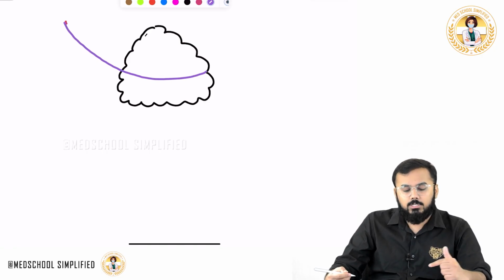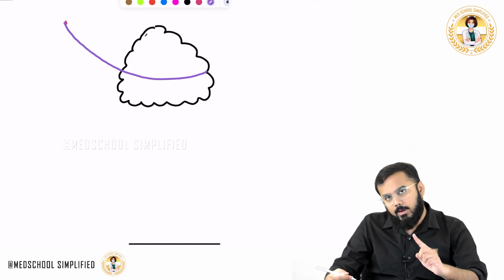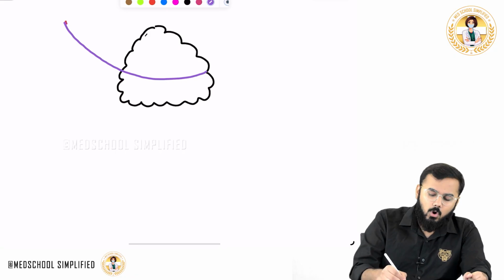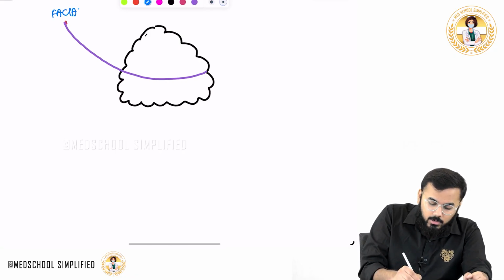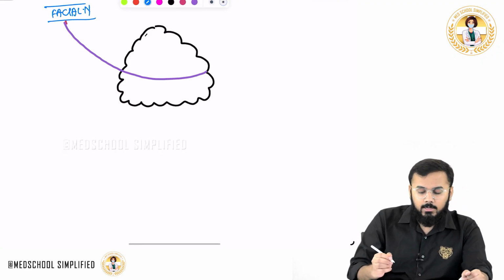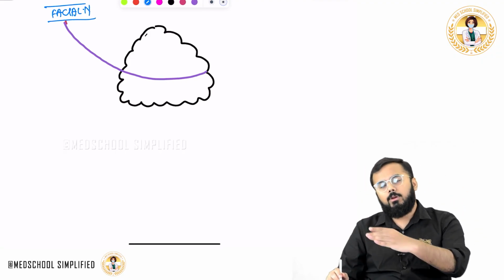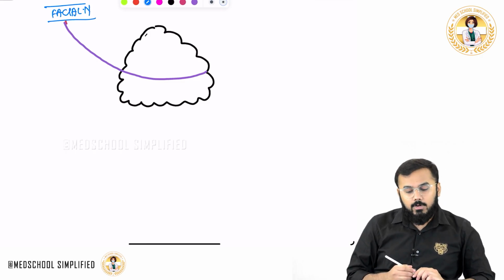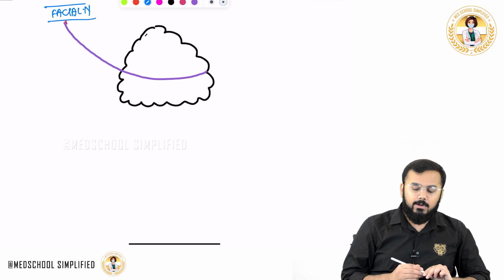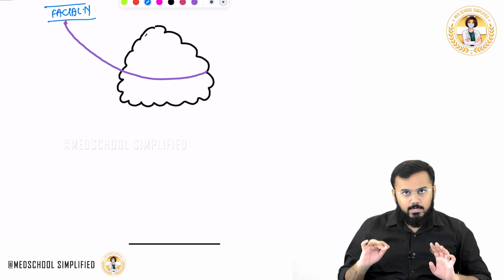It is called the facial nerve. Remember, as the facial nerve passes through the parotid gland, you might think it gives some supply to the gland, but no, it will not give even a single branch to the parotid gland. It is just passing through.